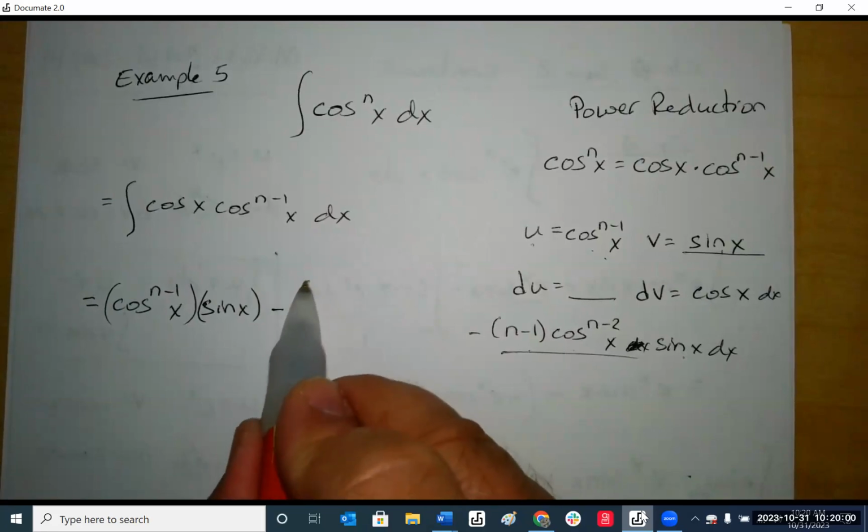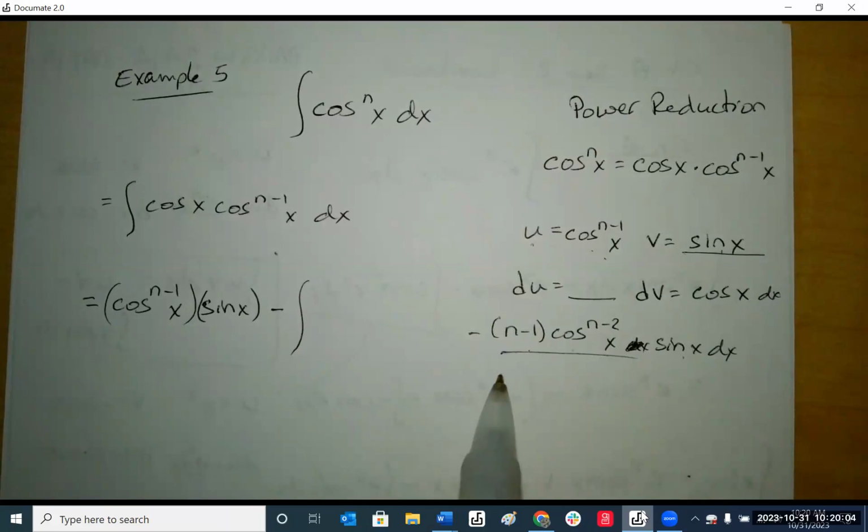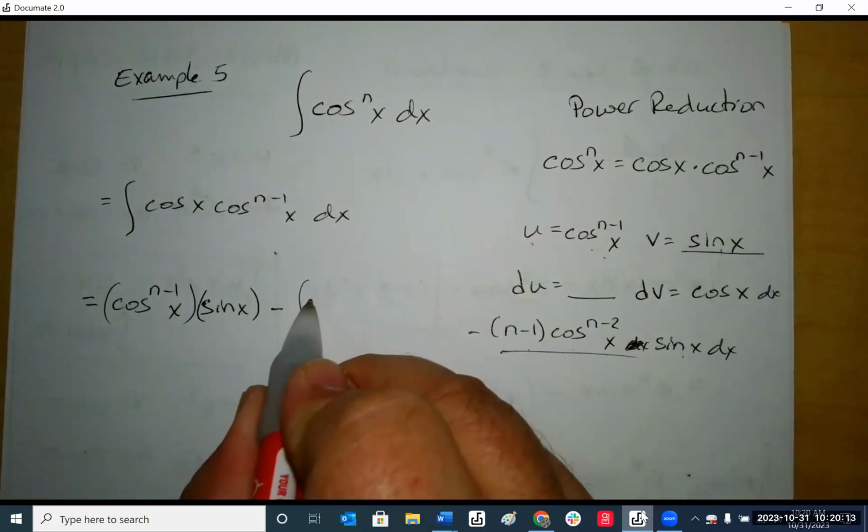Okay, so minus the integral of u prime v. Oh my gosh, it'll be a big one.